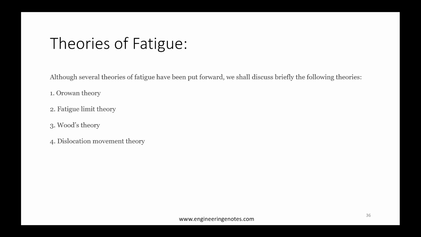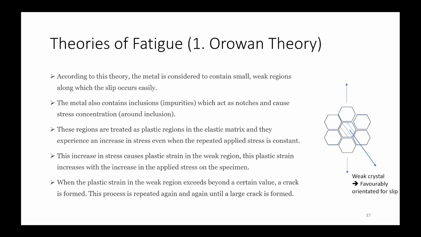Now, although several theories of fatigue have been put forward, we shall discuss briefly the following theories. First is Orowan theory, second is fatigue limit theory, third is Wood's theory, fourth is dislocation movement theory. In the first, according to this theory, the metal is considered to contain small weak regions along which slip occurs easily, and the metal also contains inclusions, which are impurities that act as notches and cause stress concentration around the inclusion.